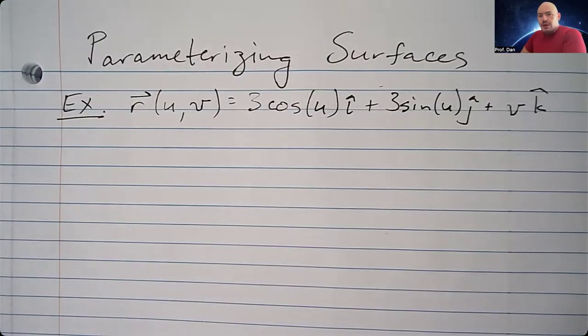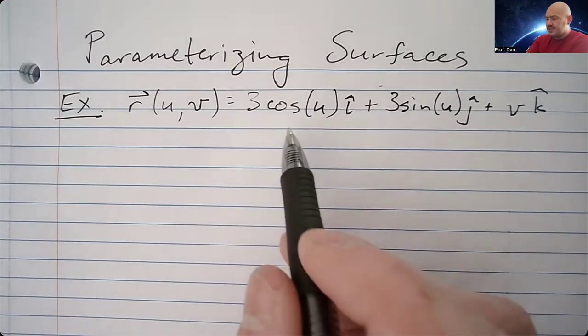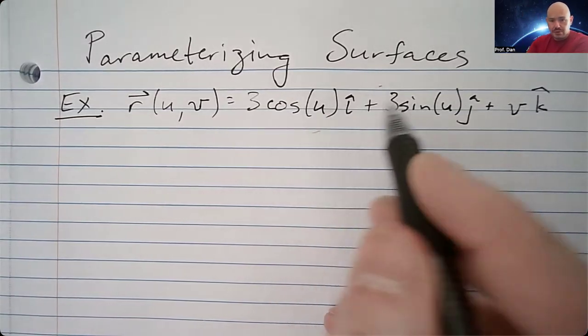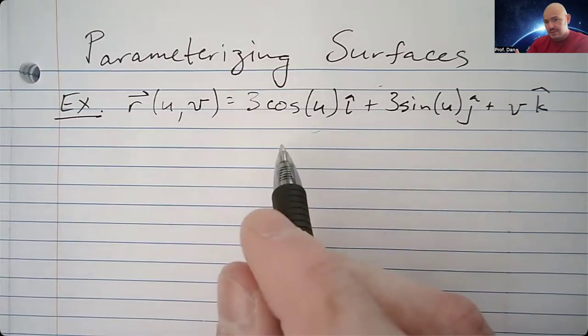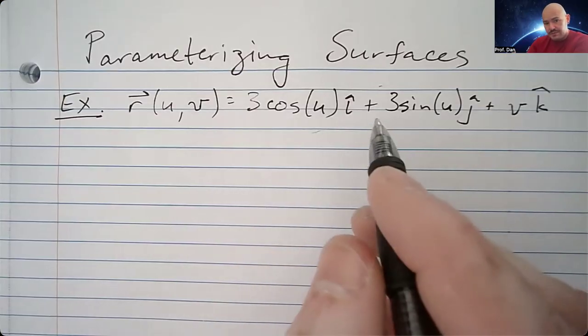All right. So when I look at this, the first thing I notice is that I have a sine and a cosine that have the same coefficient, which tells me that there's a circle involved in this somehow.